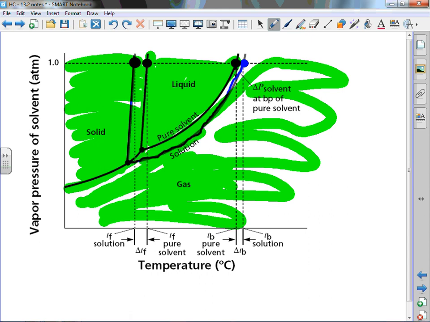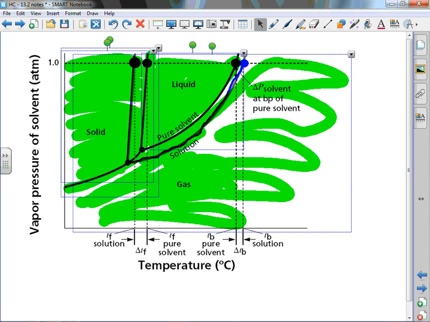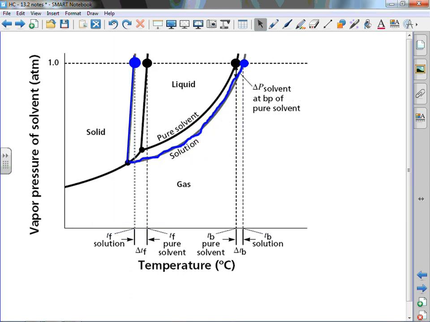Normal phase diagram. But now if we look at what happens to water if we add salt to it, we notice here that the line between solid and liquid moves.